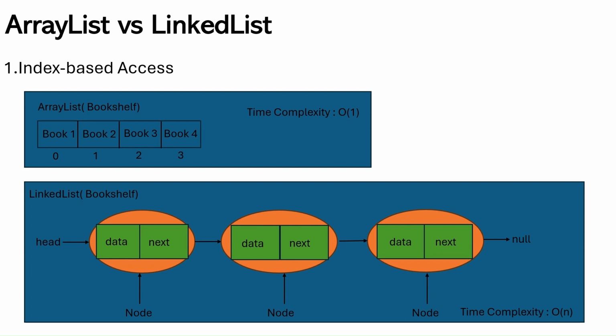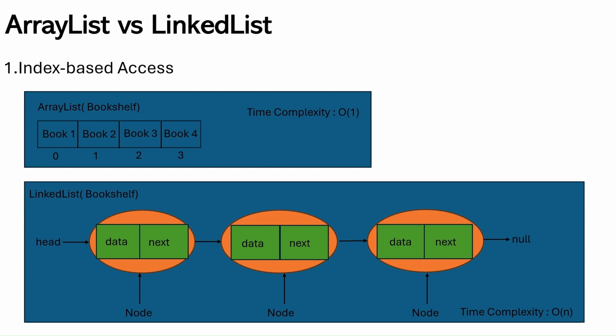To get a specific element, we traverse through the nodes. This traversal takes time, and the time complexity becomes O(n), where n is the index you're aiming for. So unlike ArrayList's quick direct access, LinkedList involves a bit of a journey.